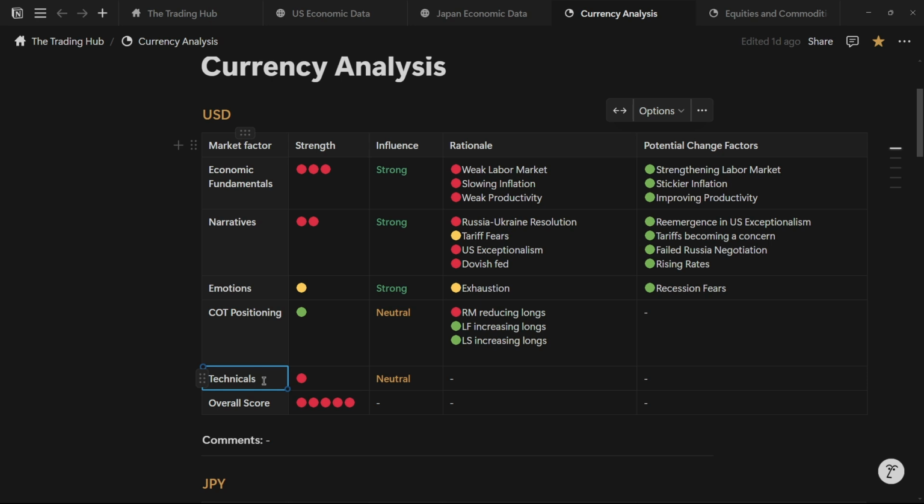So the way that I judge technicals is I just say if the market is in an uptrend, this is a positive technical. And if the market is in a downtrend, this is a negative technical. So currently the dollar is in a downtrend, so the technical is negative. So those are the 4 factors that I have concluded drive price.